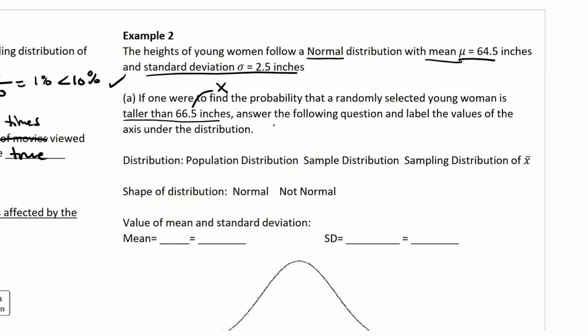If X is the height, then X is going to be greater than 66.5. That's the cutoff. So X means that we're dealing with the population. If we were dealing with x bar, then that would be the sampling distribution of x bar. So we're dealing with the population, and we're not actually applying the central limit theorem in this problem because we're not dealing with x bar.